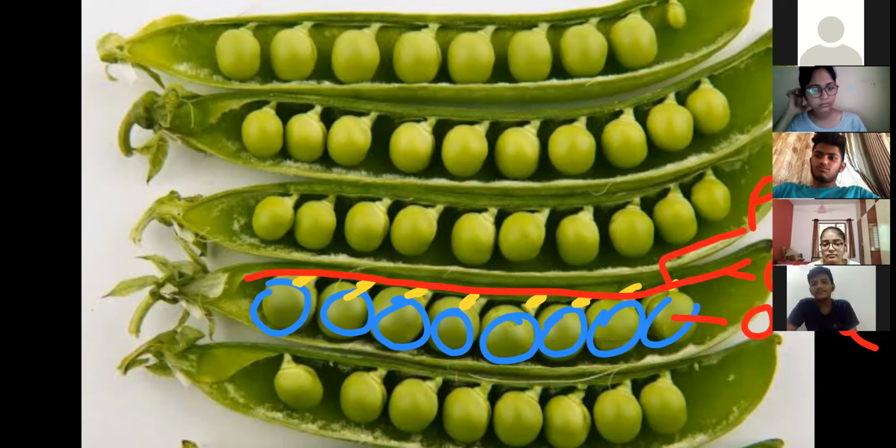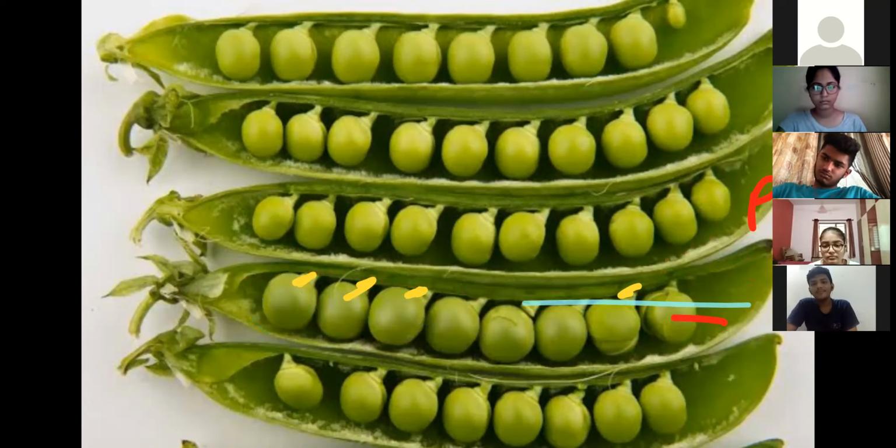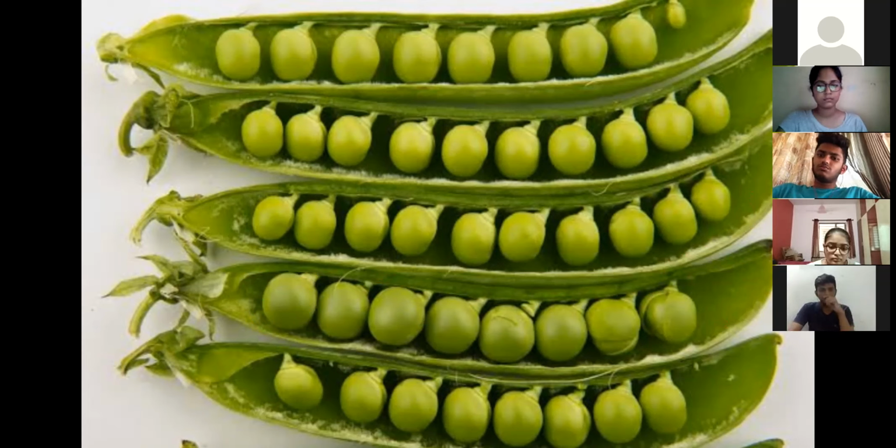Right? Now, in different fruits, or we can say the different flowers, ovules attached to the ovary, that remains same. But exactly at which part do the ovules attach to the ovary?